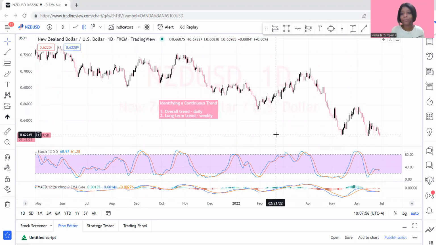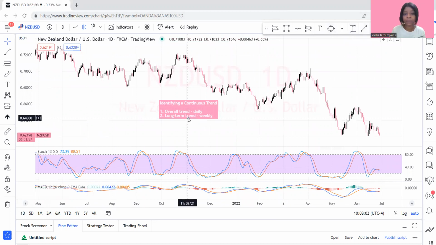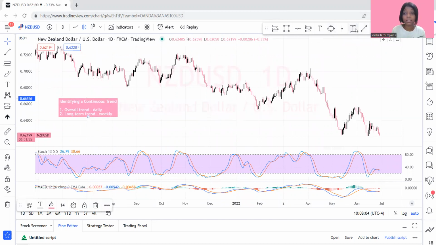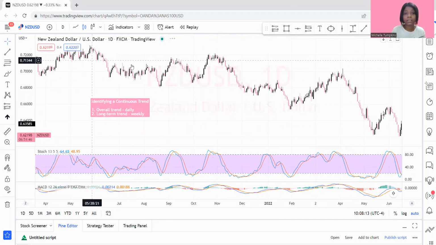But whenever you are looking for an overall trend or a continuous trend, you want to take into consideration whatever is happening on the day chart is going to be your overall trend for that day. So like for NZD/USD, you guys, if we notice, this thing has literally been going down since last year.